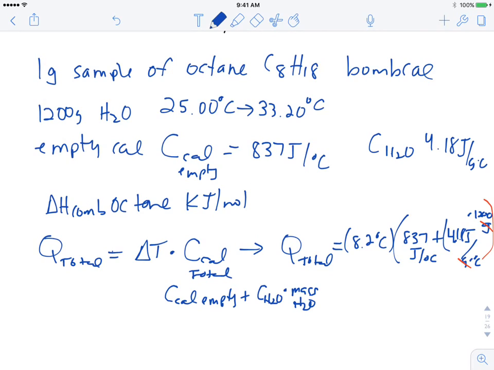So I get a total of 5,853 joules per degree Celsius, times 8.2 degrees Celsius. So let's multiply this by 8.2. We'll get 47,995, and that is now in just joules.